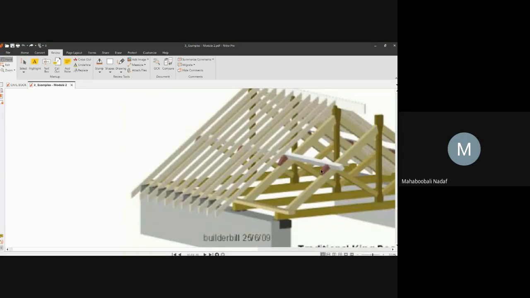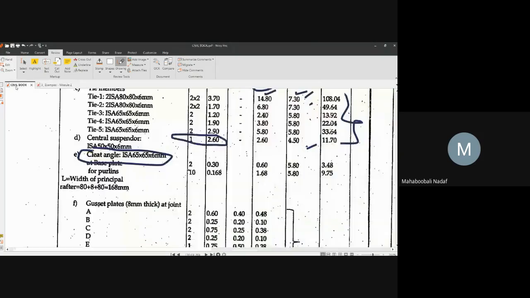Wherever purlins are there, the cleats will come, as well as wherever base plates are there. Base plate cleats, purlin cleats. Purlins are 5 on left side, 5 on right side.